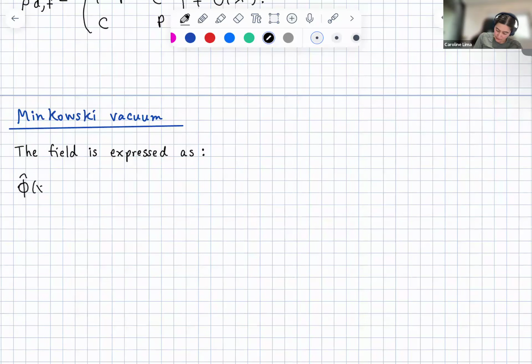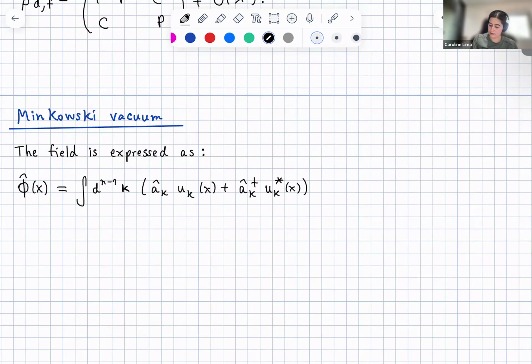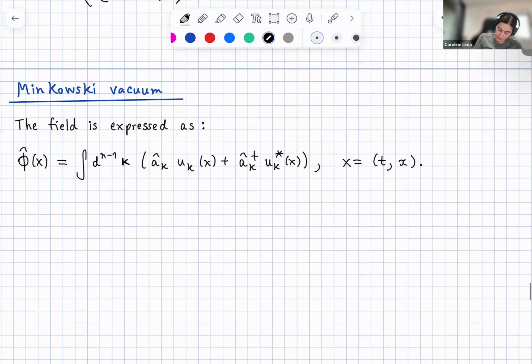So I can write it as the integral over d^(d-1)k of a_k u_k of x plus a_k dagger u_k star of x. And I'm going to say that x is equal to t and this other x, which is the spatial component.